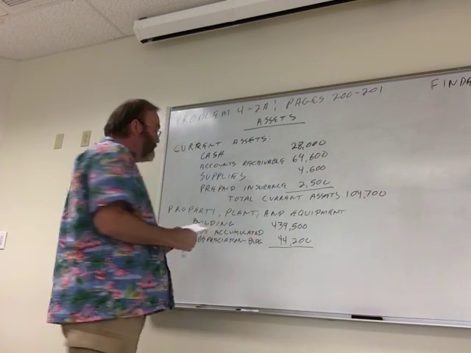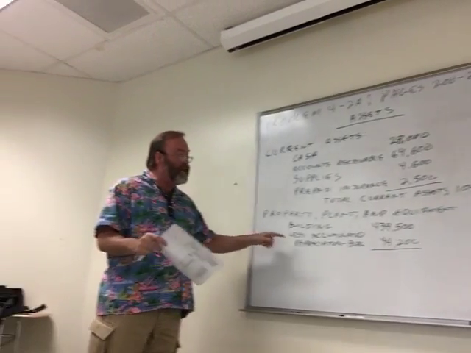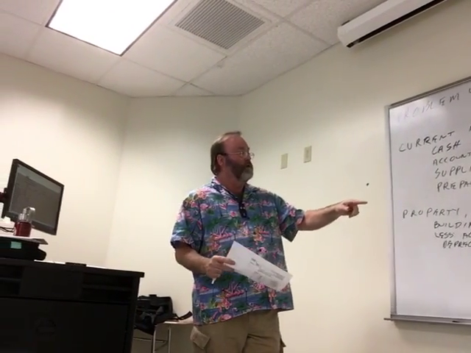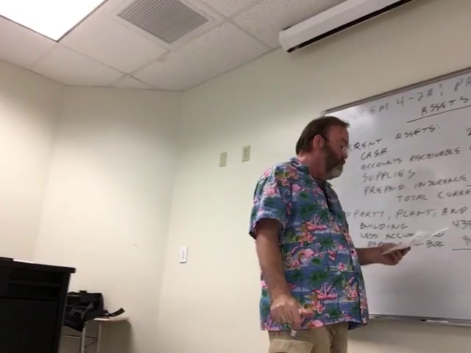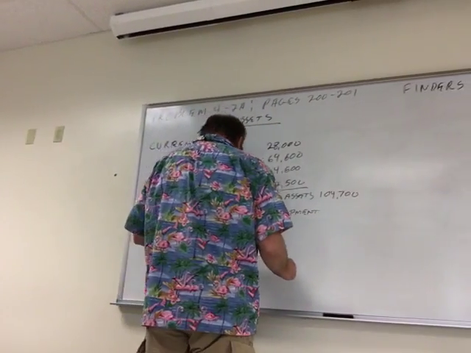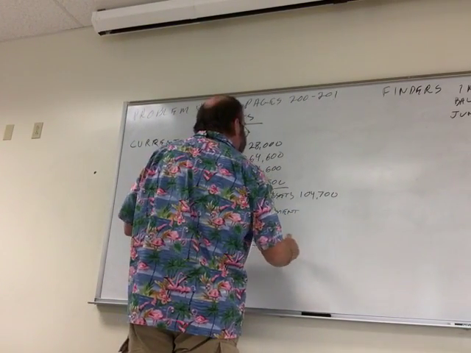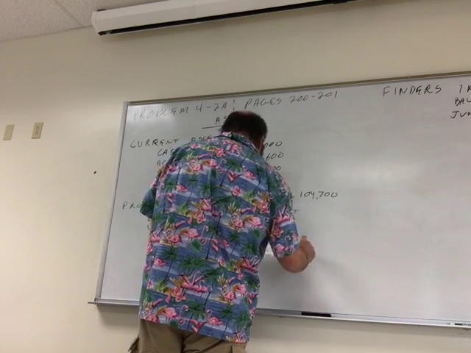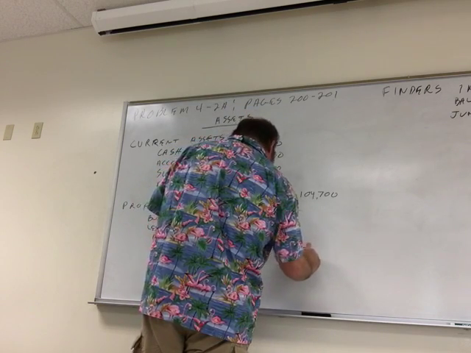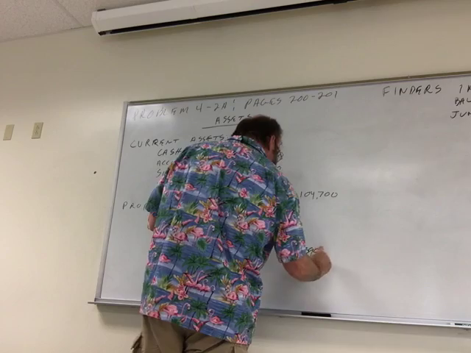If you subtract that contra asset account, that negative asset, from the building, because you'll see on the adjusted trial balance, that had a credit balance, where assets normally have a debit balance. You get a net book value of the building and total property, plant, and equipment, God bless you, of $395,300.